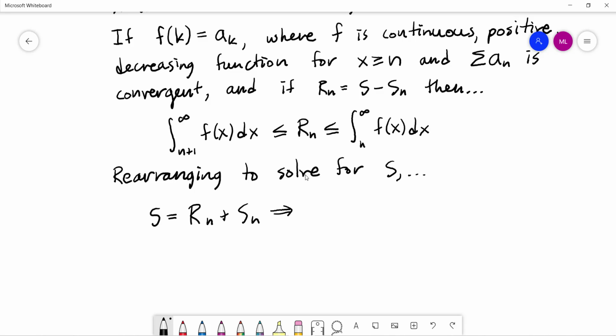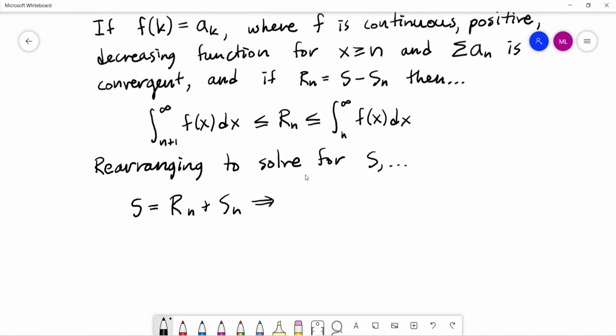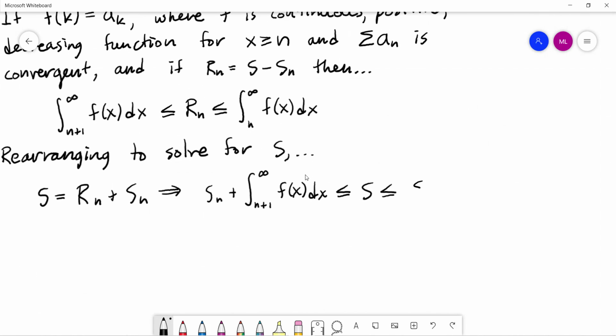has the following properties. S sub n plus this integral has to be less than or equal to the true sum, which has to be less than or equal to S sub n plus the other integral, the integral from n to infinity of f of x dx.